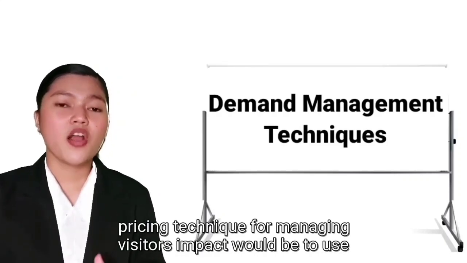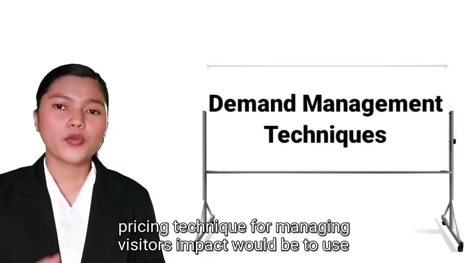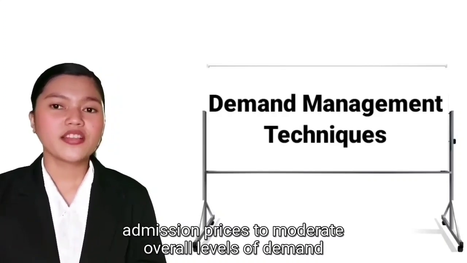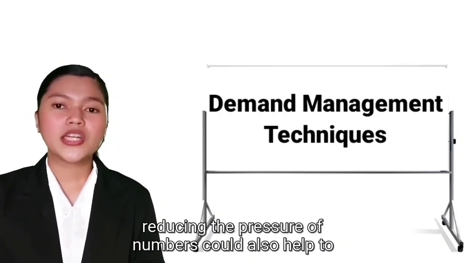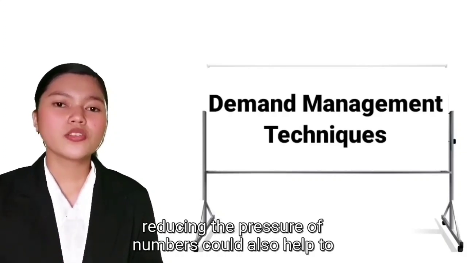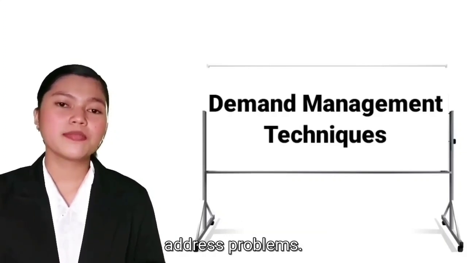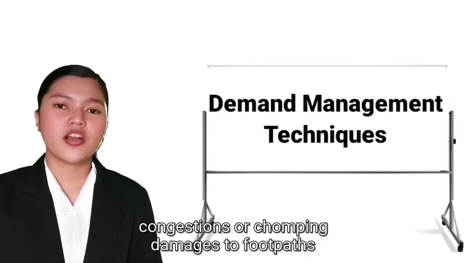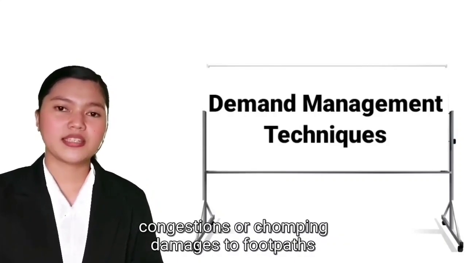One possible pricing technique for managing visitors' impact would be to use elevated admission prices to moderate overall levels of demand. Reducing the pressure of numbers could also help to address problems such as overcrowding of the site, traffic congestion, or trampling damage to footpaths.